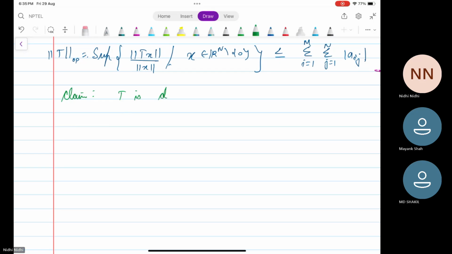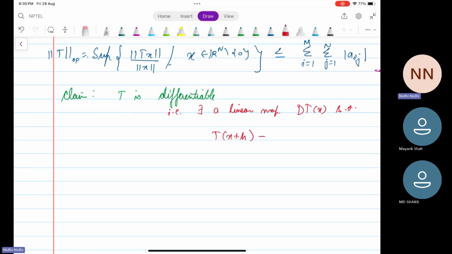Yes, differentiable. So T is differentiable means there exists a linear map, which we can call T bar, or let's write it as dT at x, such that the norm of T(x plus h) minus T(x) minus dT at x of h, upon norm h, should converge to 0.